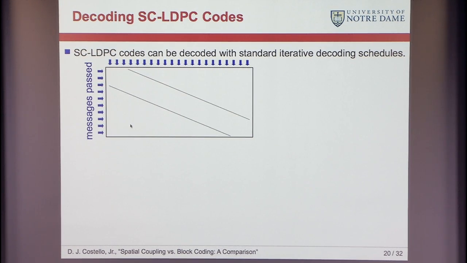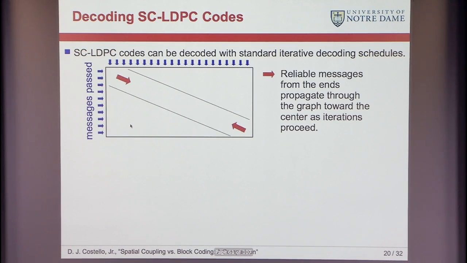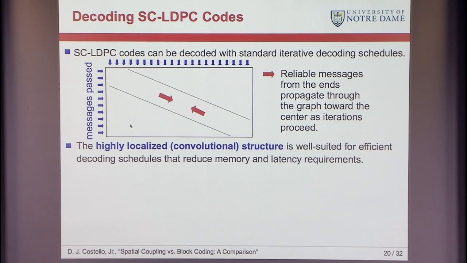So, some practical considerations. For spatially coupled codes, again, you can look at the decoding as coming from both ends towards the middle, like we showed with that wave-like picture. But the highly localized convolutional structure makes it easy to use decoding schedules that reduce both memory and latency requirements.